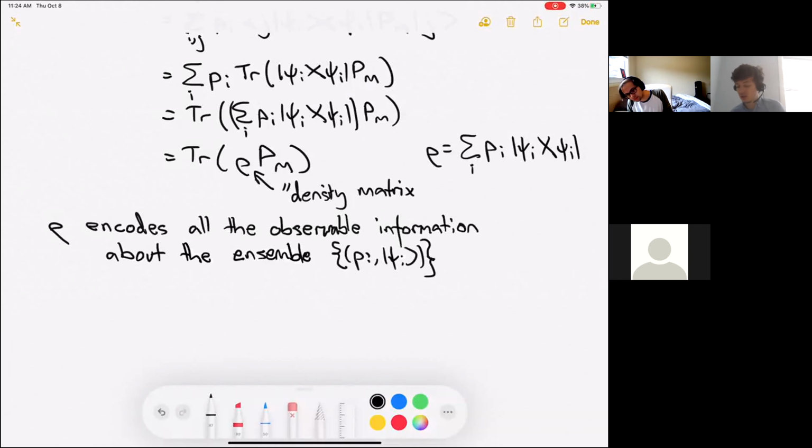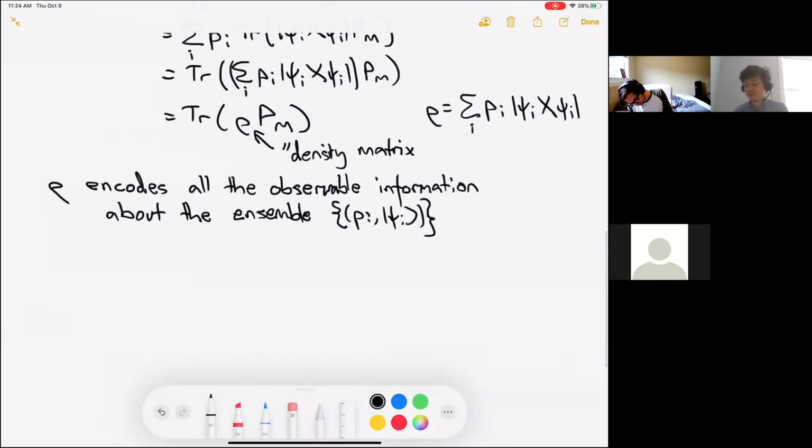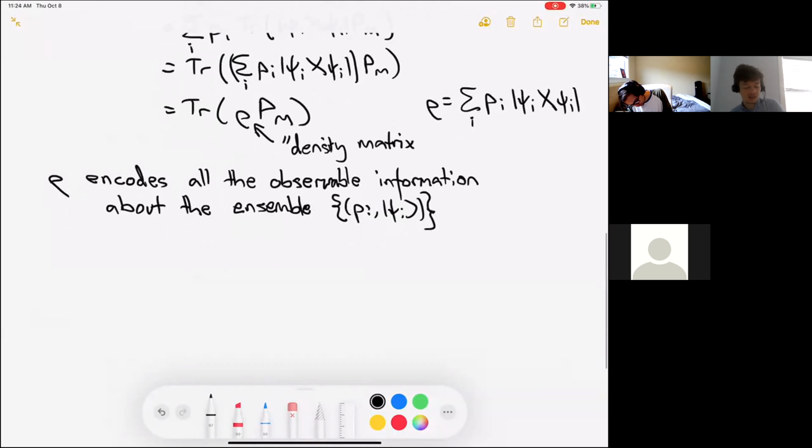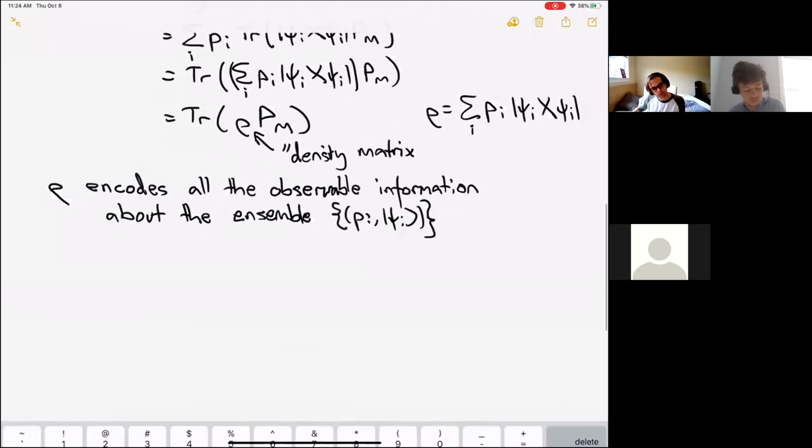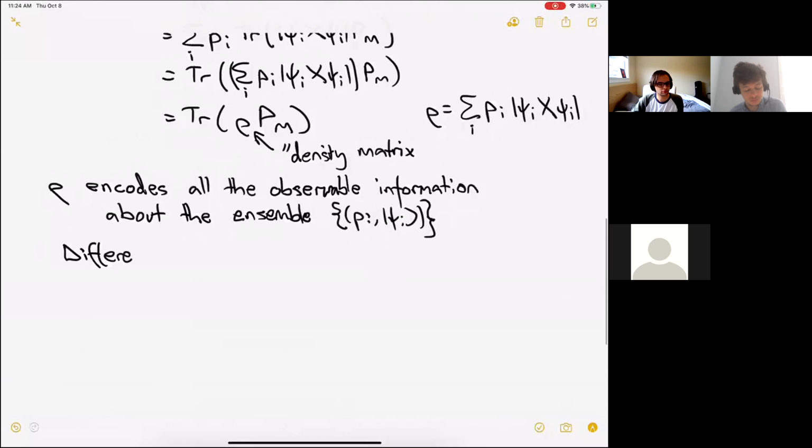It's important to clarify here that this doesn't mean that rho can be used to determine the entire ensemble pi psi I. You can have very different ensembles that have the same density matrix rho.